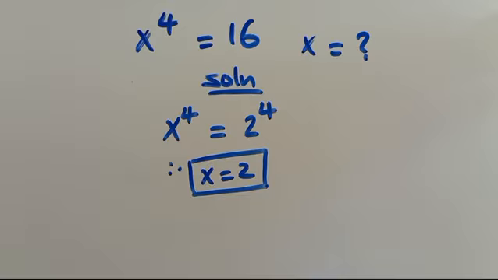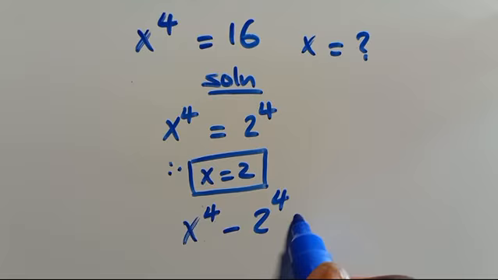But x equals 2 is not the only solution to this problem. To get the other possible solutions, because we must have 4 possible solutions, including complex solutions as well, from here we have x to the power of 4 minus 2 to the power of 4, and we let it be equal to 0.